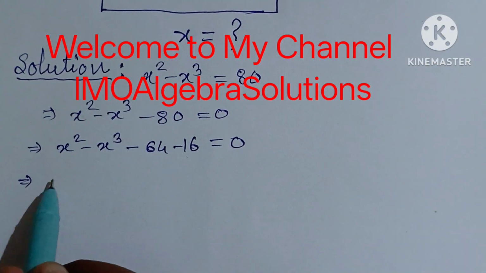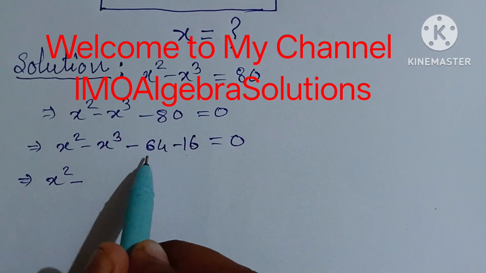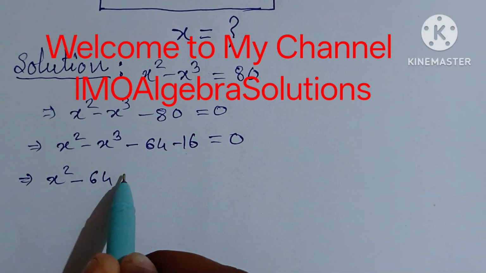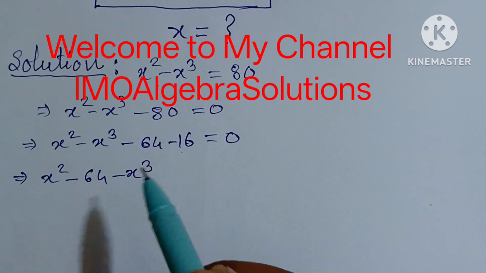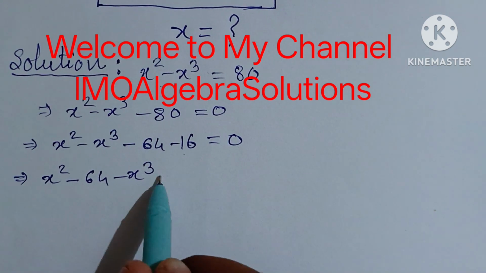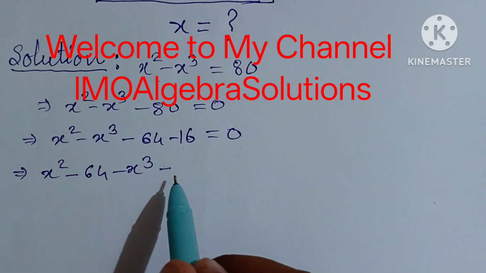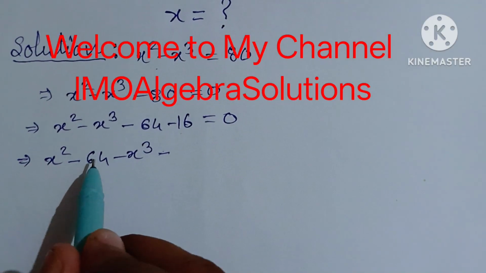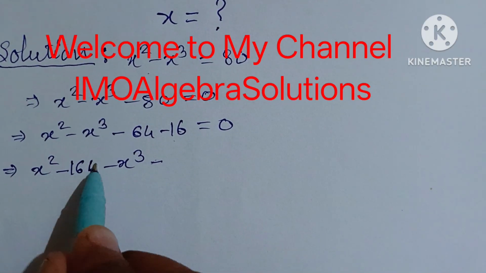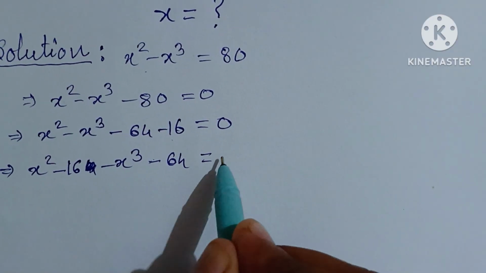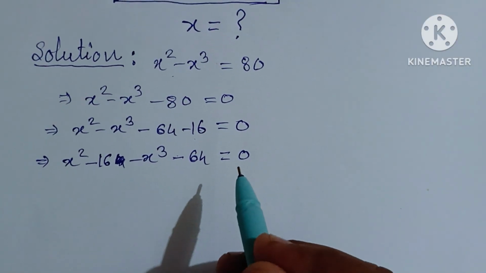Now we write x square minus 64 minus x cube minus 16 equal to 0.